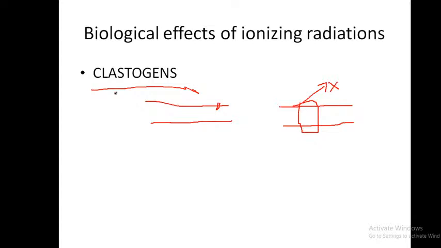Mutagen means the agents which cause mutations in the chromosomes or in the cells. We studied chemical mutagens and physical mutagens. Among physical mutagens, ionizing radiation causes chromosomal breakage, and these ionizing radiations which cause chromosomal breakages are called clastogens.